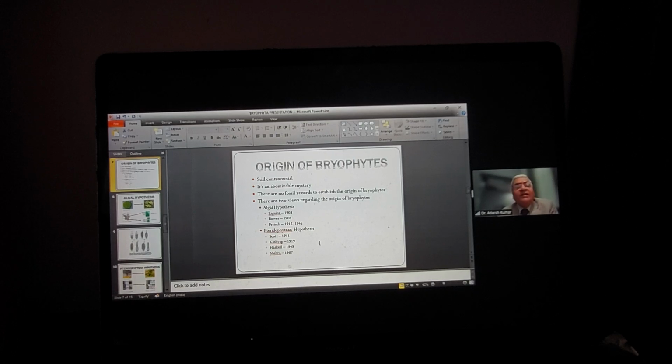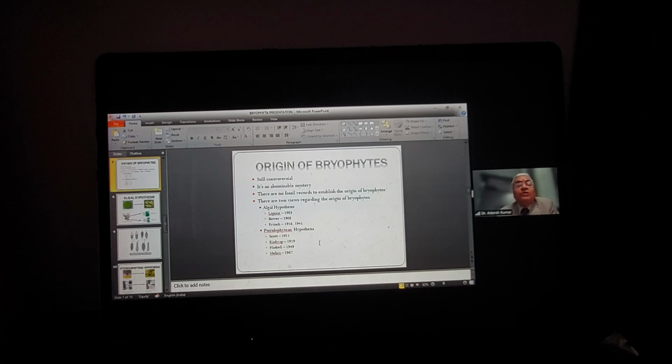There is no such perfect evidence on the basis of which we can say that these are the original plants from which the bryophytes evolved. In spite of that, there is no fossil record to establish the origin of bryophytes till date.